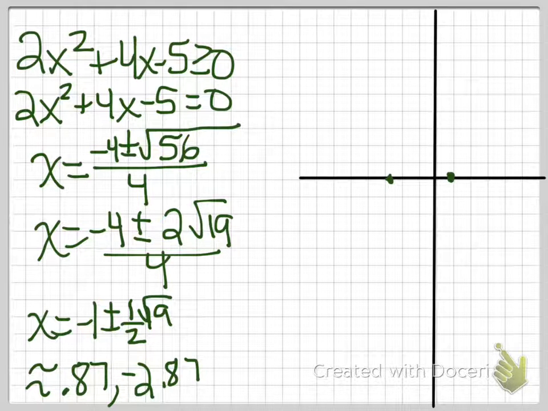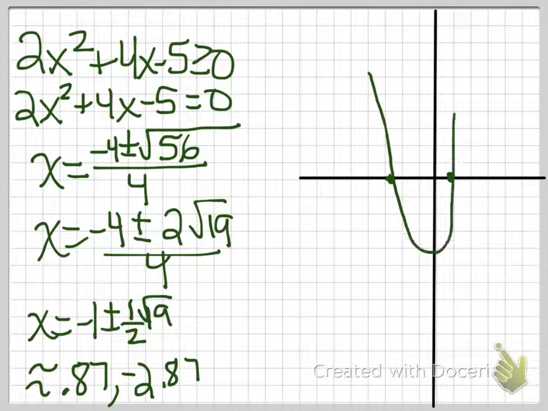And again, it opens up. It doesn't really matter where my vertex is. I'm just going to draw the graph. So it's something like that. It's not perfect, but it's an estimate. Now from here, I have to think, where is the graph actually going to be greater than or equal to 0? Well, that's this part of the graph, and because it's equal, it includes the roots.